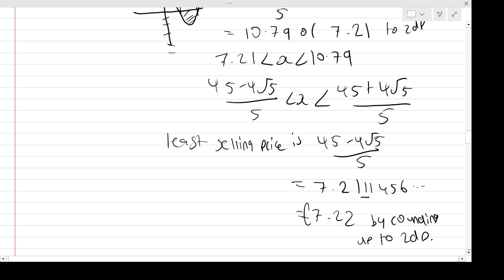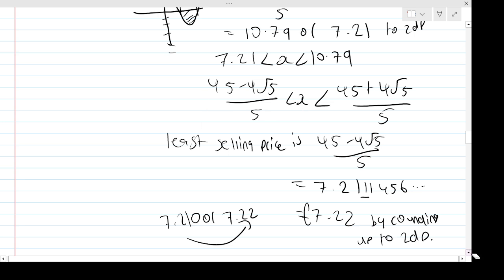So that's our answer. Either to two decimal places, because obviously it's in pounds, you're going to want it as 7.21 or 7.22, because that's the next decimal point up. But if it's 7.21, that's 7.210, and that is going to fall outside of this range here for x.